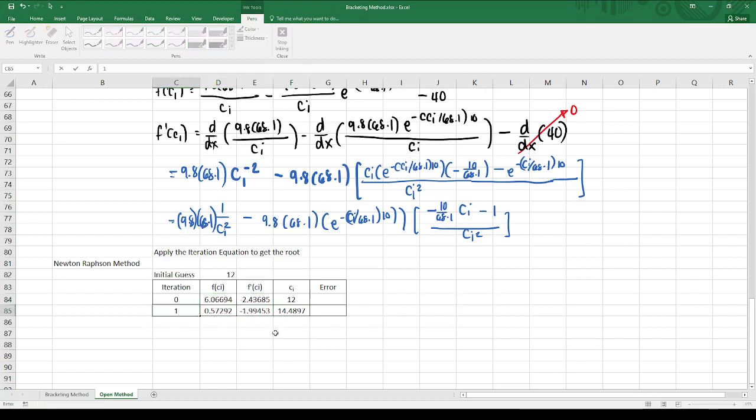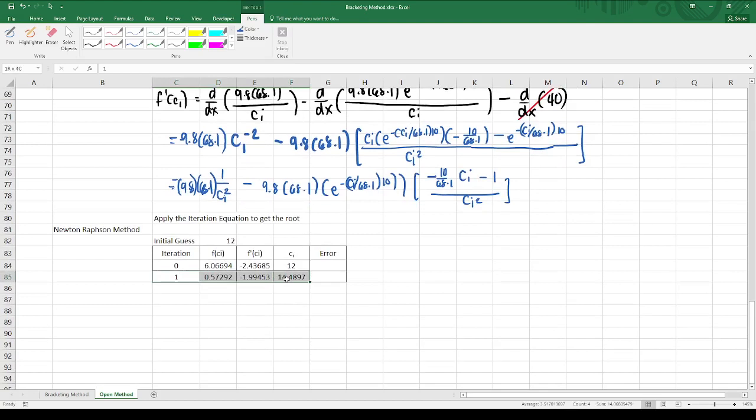So first iteration. This is negative, negative. So let's drag this. Yeah.